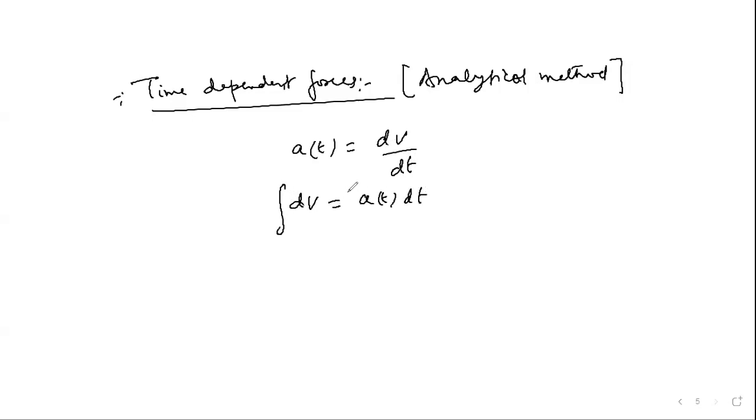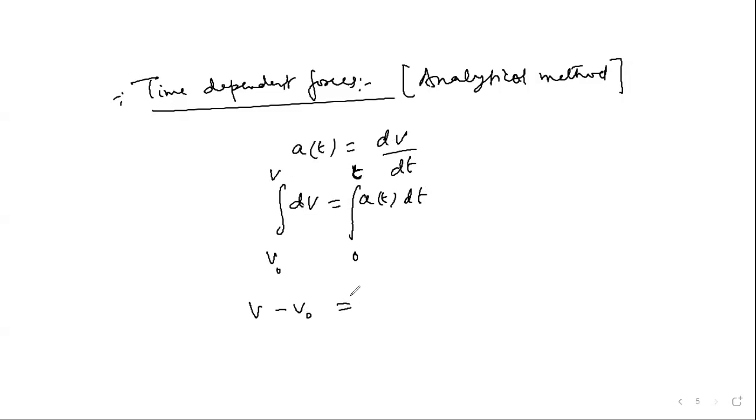Then we integrate on the left side v naught to v, and on the right from 0 to t. V naught is the initial velocity, velocity of the body at t equal to 0, v is the velocity at time t. So my left hand side will be simply v minus v naught.